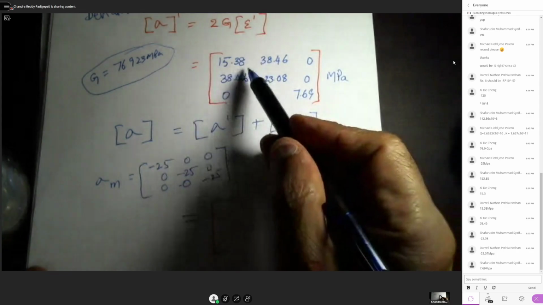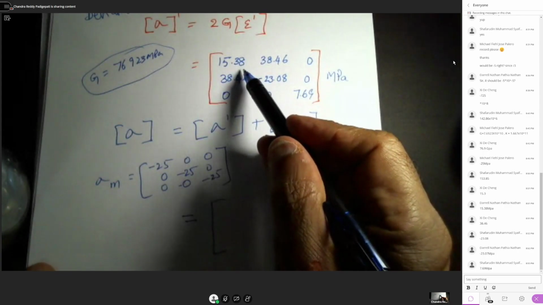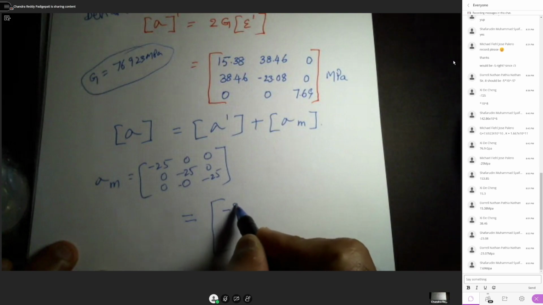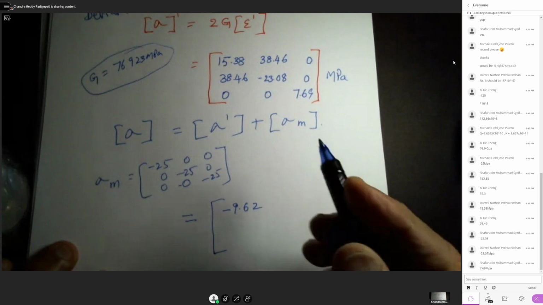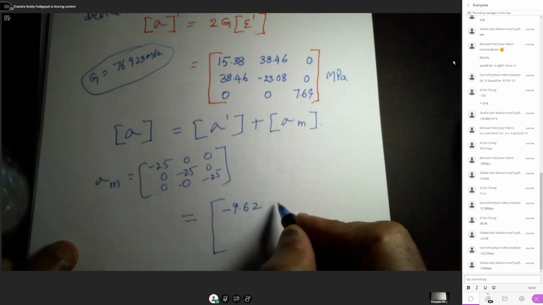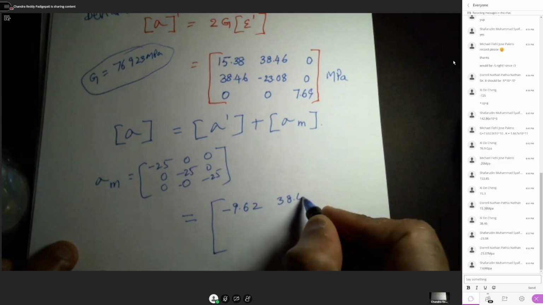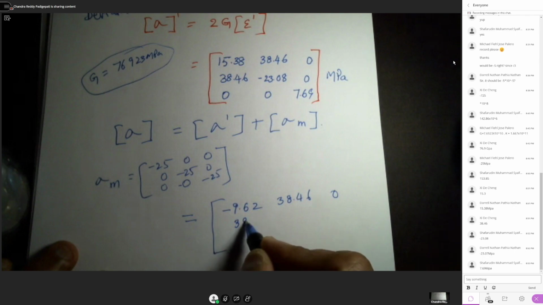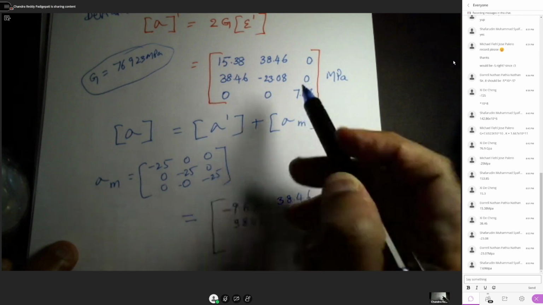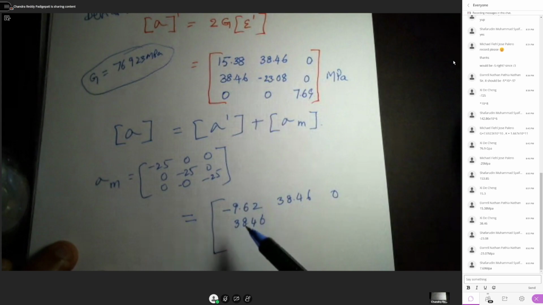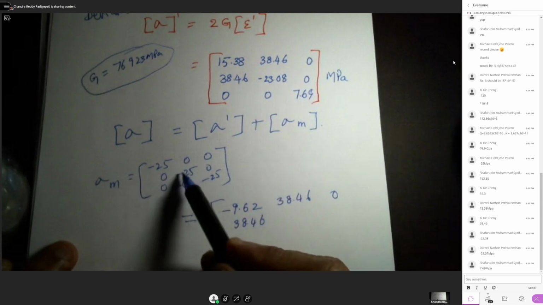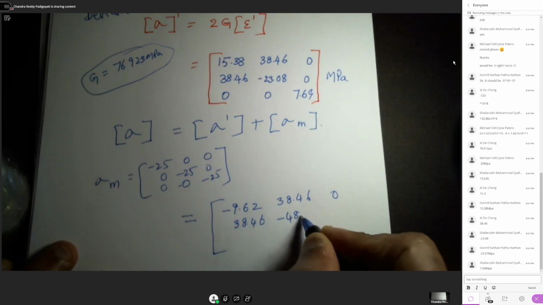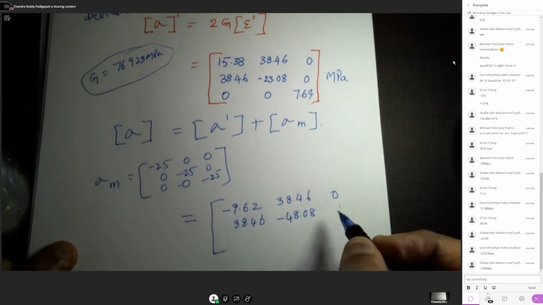So minus 25 plus 15.38, so you will get negative 9.62. Then this one you get 38.46, you get 0. So this one will be 38.46. So you are adding negative 23, then negative 25. So you will get negative 48.08.